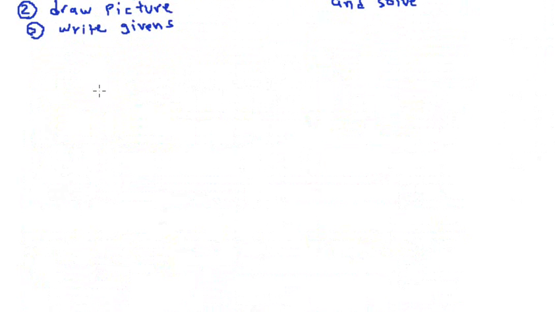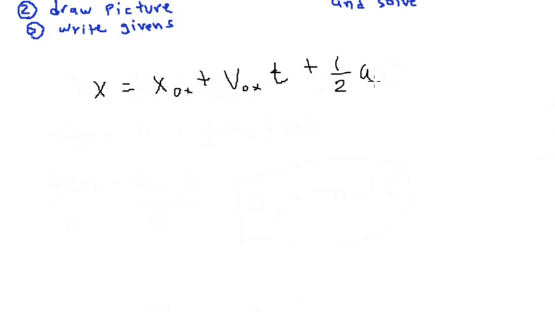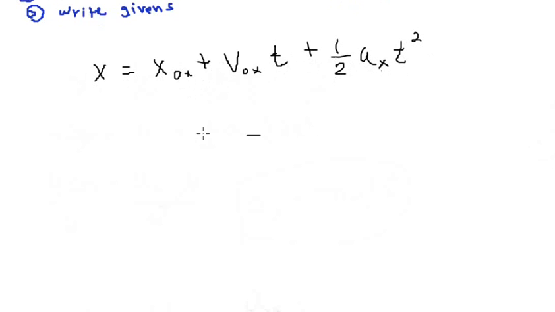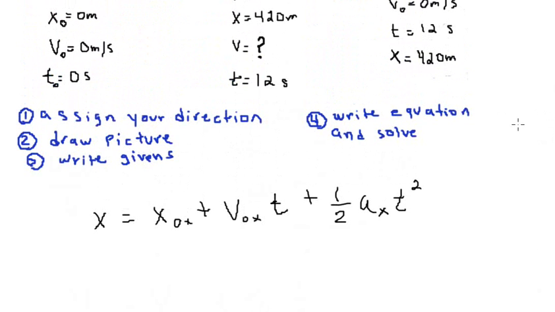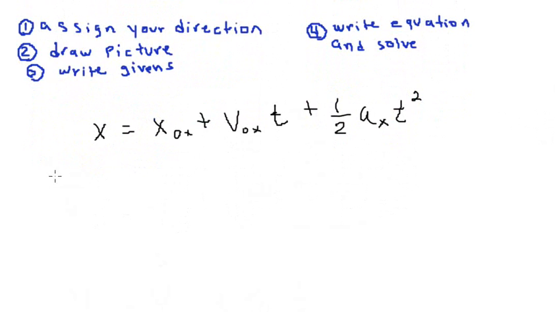So we're going to have x final is equal to x initial plus v initial in the x direction times the time, plus 1/2 the acceleration in the x direction times the time squared. The final position of the plane is 420. This is the position where the plane is going to take off.